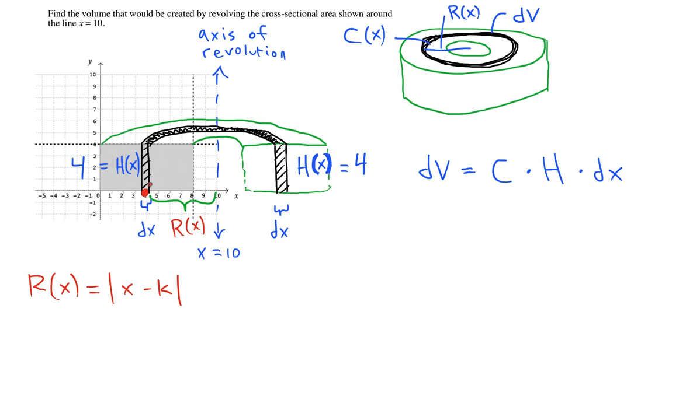If our shell's edge is at a point x, and the total distance from the y-axis to the axis of revolution is k, then it should make sense that if we just subtract the two, get the difference of them, then we'll be able to find the radius that we need in our formula.